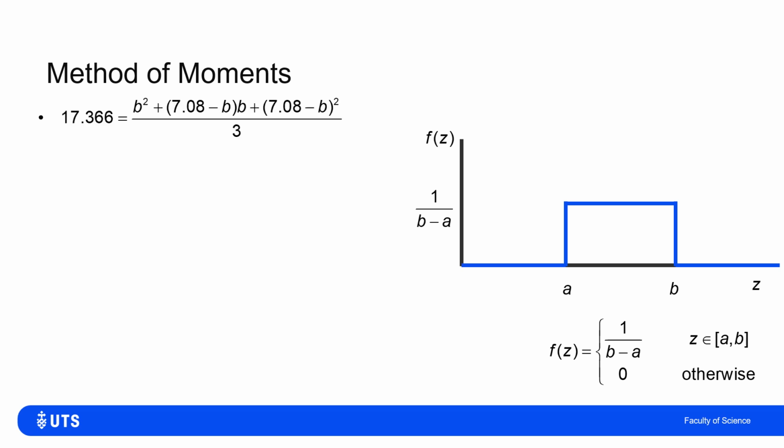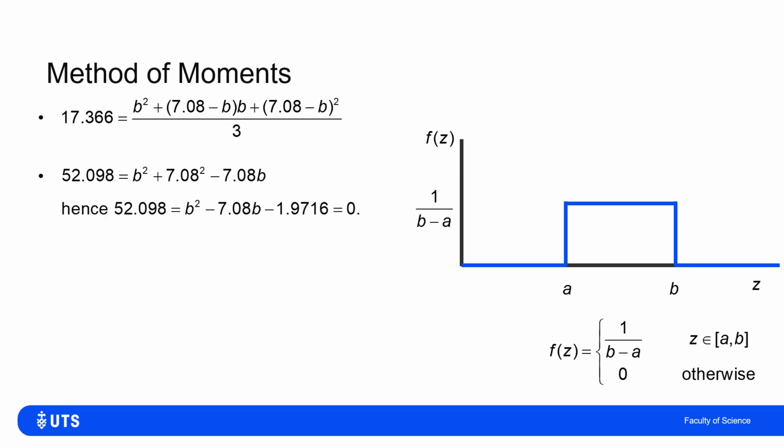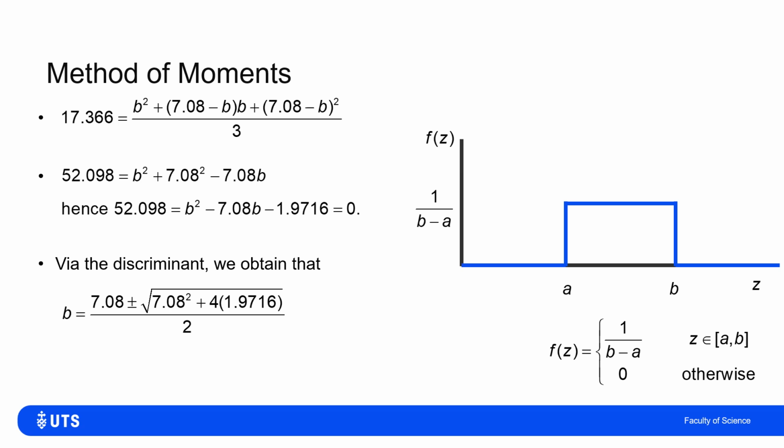If I rearrange that quadratic equation, multiply both sides by 3, and tidy up the terms, I'll need to solve it, and I can do it by completing the square or by calculating the discriminant, which I hope we're all familiar with. So if I do that, I get 2 solutions for b, because the quadratic equation will have 2 solutions, maybe not distinct solutions, but 2 solutions.